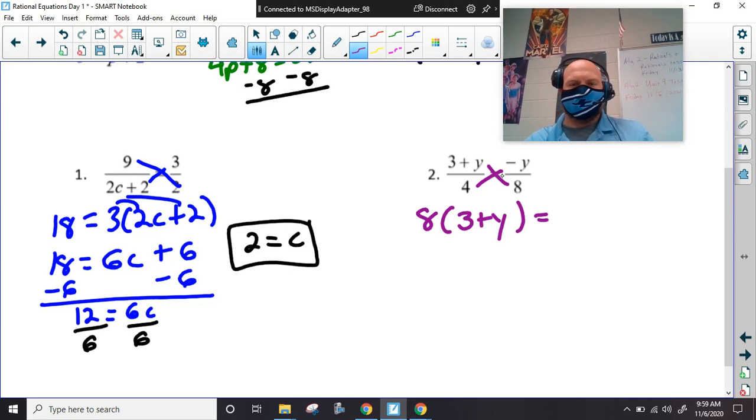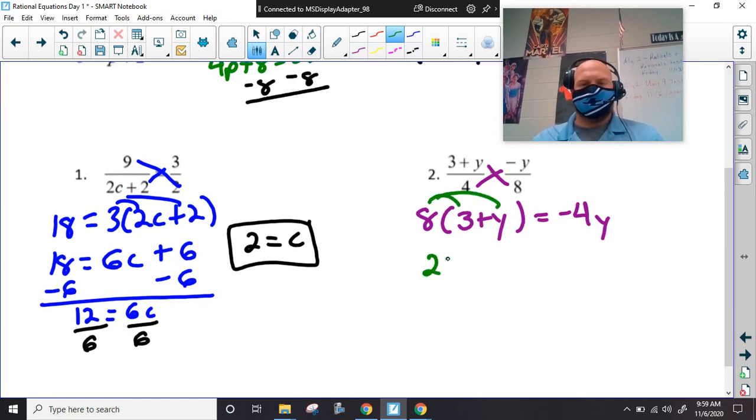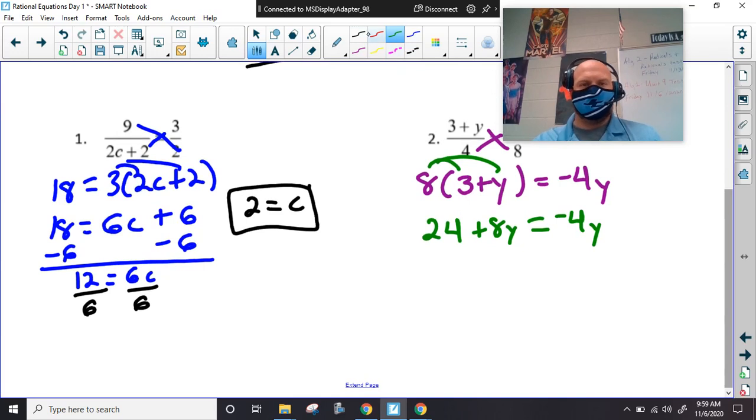Okay, so we have 4 times negative y, which is negative 4y. All right. So we're going to distribute. 8y equals negative 4y. Well, this is just the first part of this. Yeah, just wait.